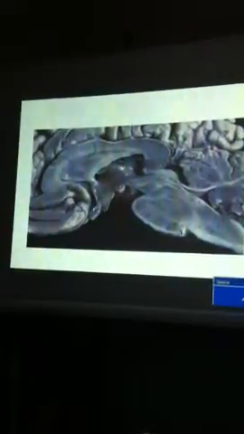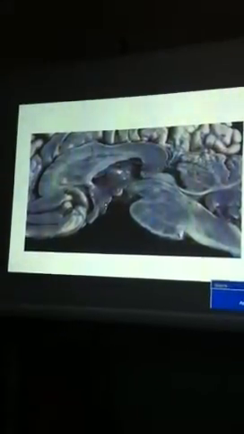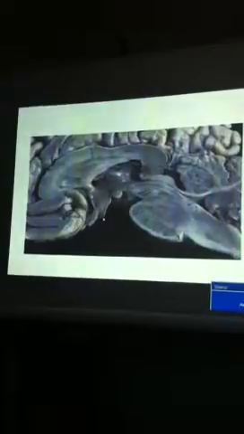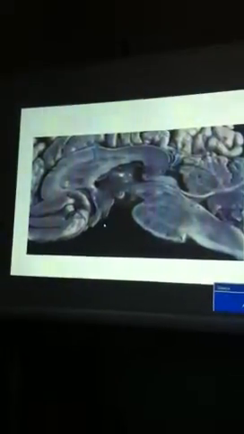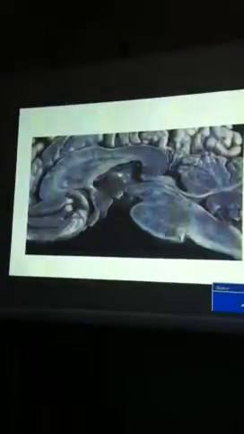Here, this is the chiasma opticum, infundibulum, the hypophysis is removed, tuber cinereum, and corpus mammillare.